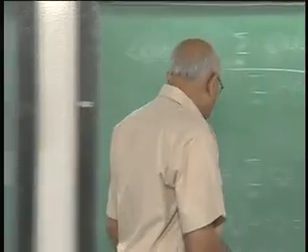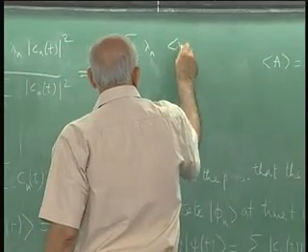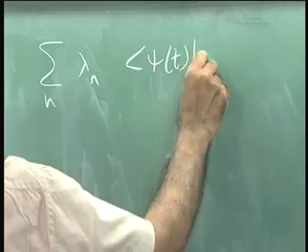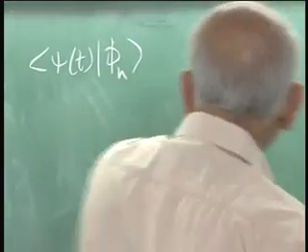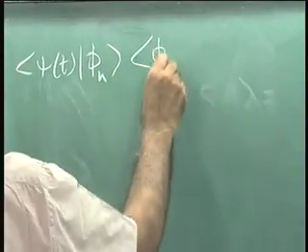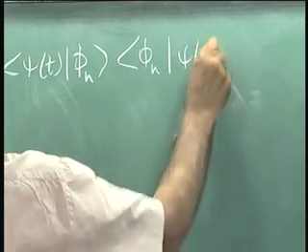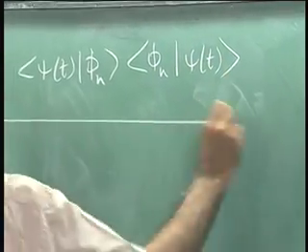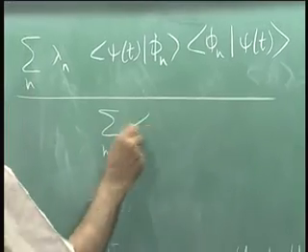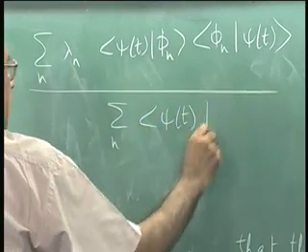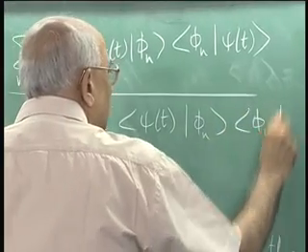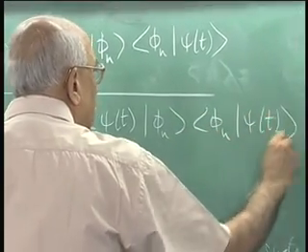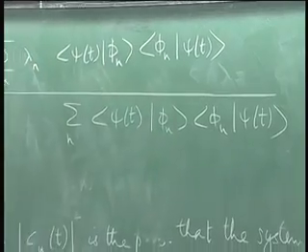So let us put that in, and this says psi of t, this is Cn star that I am writing, phi n, psi of t divided by summation over n of <psi of t|phi n><phi n|psi of t>.